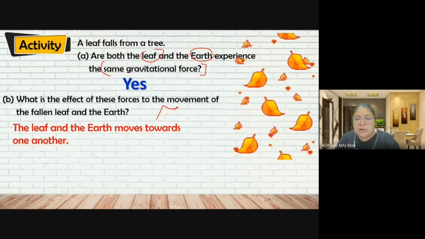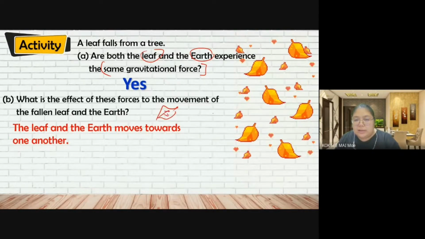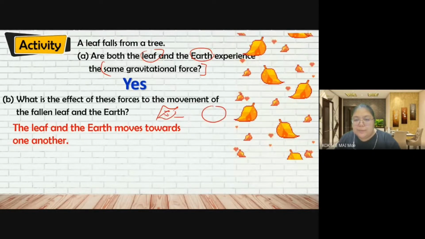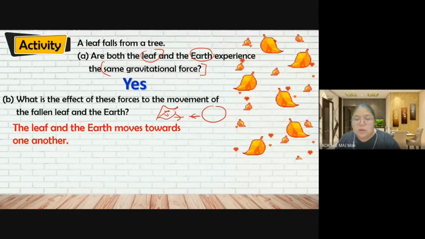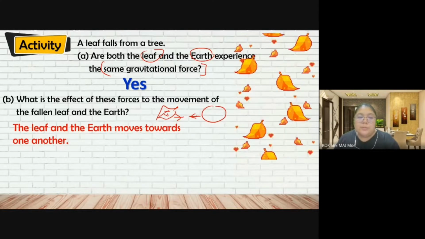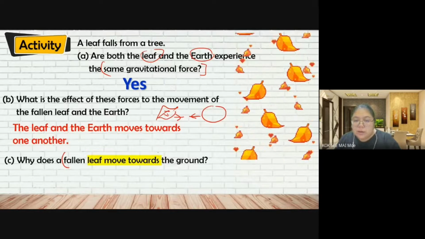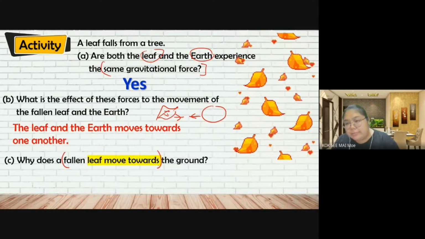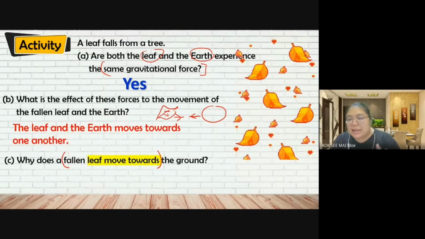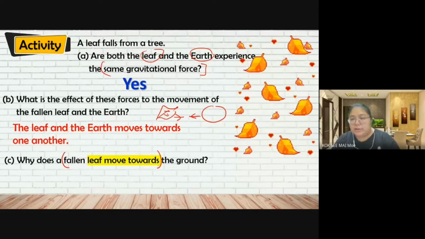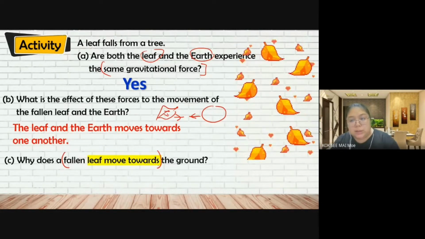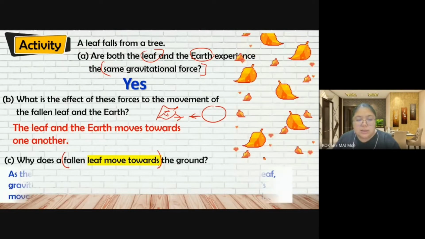This one is your leaf. This one is your earth. You see the leaf is pulled. This one also is pulled. Both sides are pulled. But why does the fallen leaf move towards the ground? Why does nothing happen to the earth? We only see the leaf keep falling. So now we give the reason.